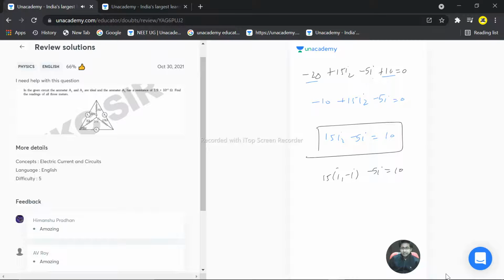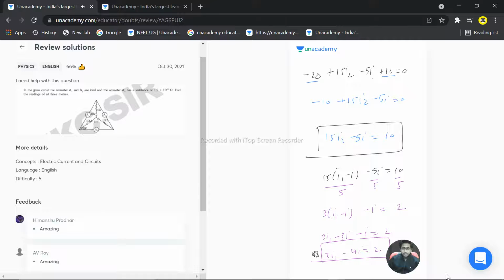Let's divide the entire equation by 5. So this becomes 3 times (I1 minus I) minus I is equal to 2, so 3I1 minus 3I minus I is equal to 2. So 3I1 minus 4I is equal to 2. That's another equation we are getting.